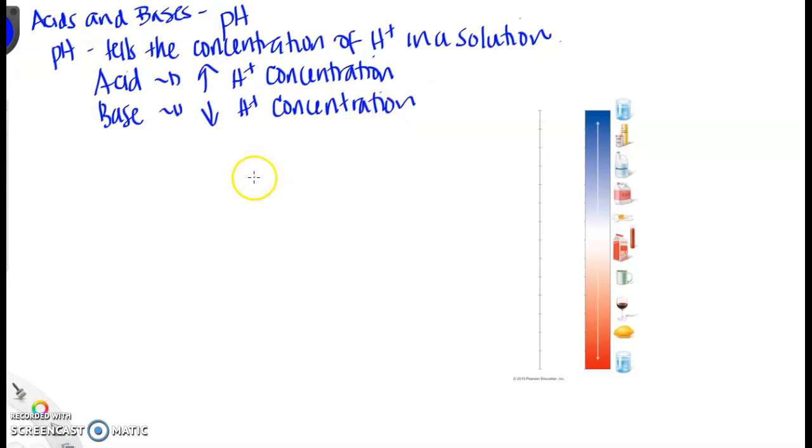So in order to count hydrogens, we quantify them using something called molarity. So you describe the quantity of hydrogens in moles.